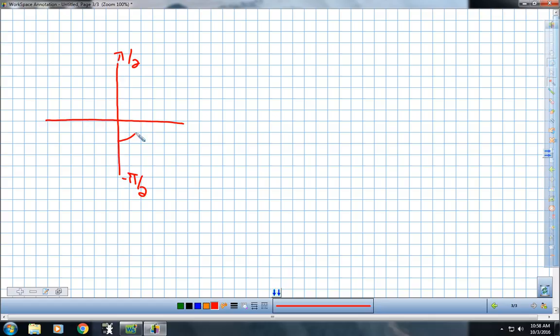So the inverse sine and also the inverse tangent, those functions are defined from negative pi over 2 to pi over 2. And again, the reason for that is because we have to preserve functionality of the inverse function.